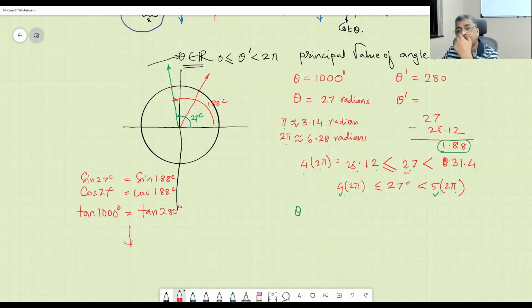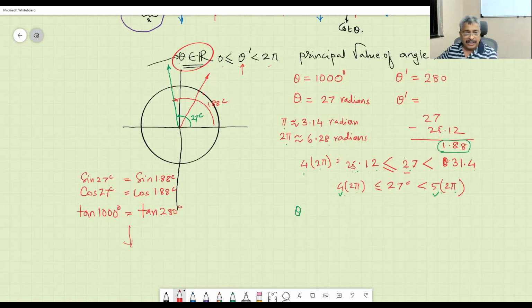Because the geometry of the terminal ray is exactly the same, for all 6 trigonometric ratios of whatever theta belonging to R that you have, there will exist one theta dash between 0 to 2 pi, which will have all 6 trigonometric ratios exactly the same. That is the discussion we are trying to do.